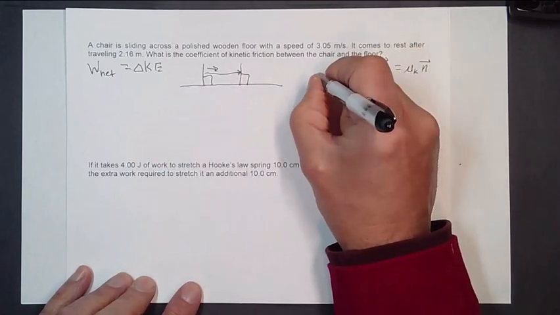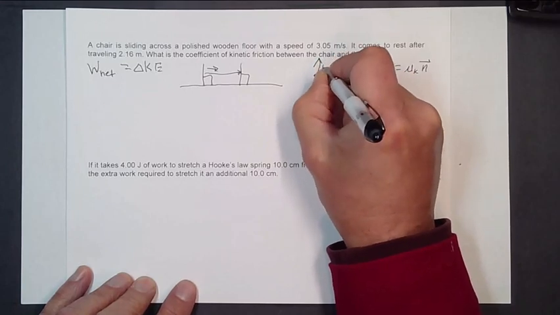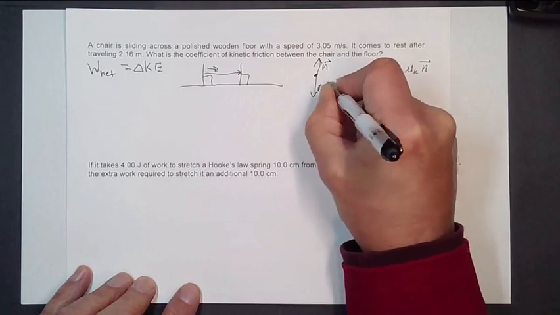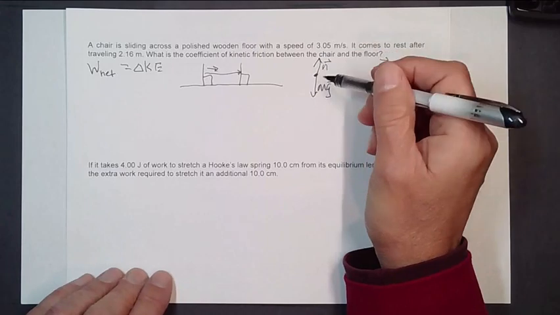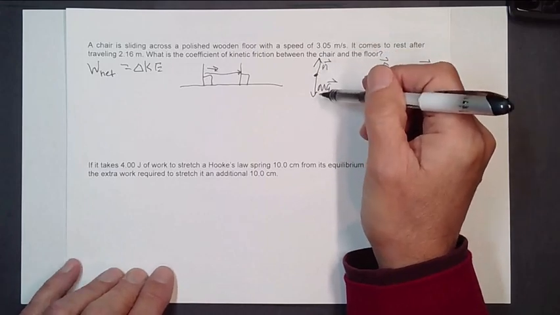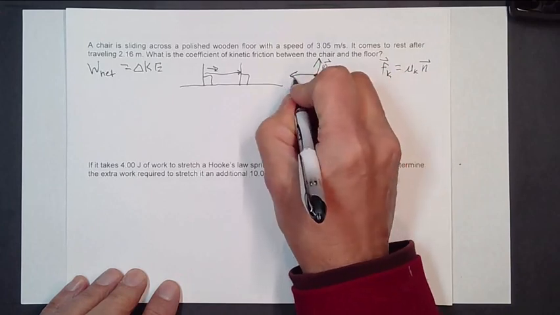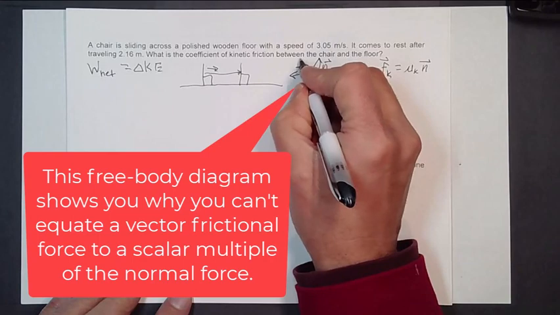If we were to make a free body diagram for this thing, we'd have the normal force upward, mg downward, nothing going on in the vertical direction. It's not jumping off the floor, it's not falling into the floor or through it. And then there's friction that's opposing the motion in this direction. And this is kinetic friction because it's sliding.